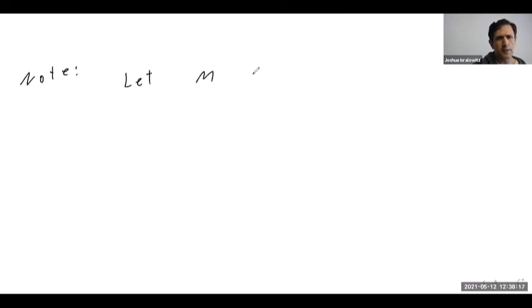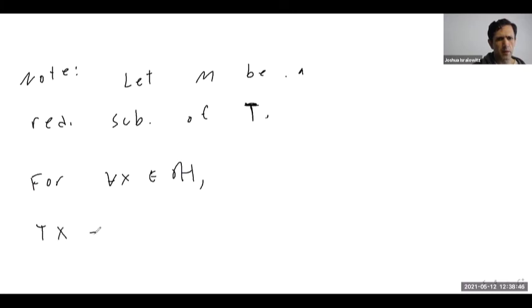Well, let's say M is a reducing subspace of T. Then for any x whatsoever, write x as x1 plus x2, where x1 is in M and x2 is in M perp.